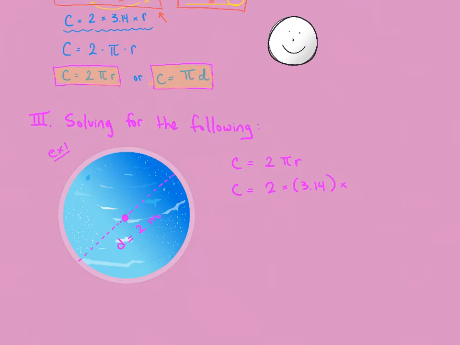If the diameter is 2 meters, then r has to equal 1 meter, because it's half of 2. Okay, let's multiply 2 times 3.14. That's going to be 6.28 times 1 meter. Circumference is equal to 6.28 meters, because anything times 1 is itself.